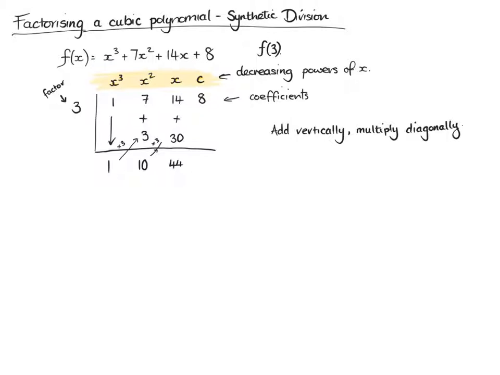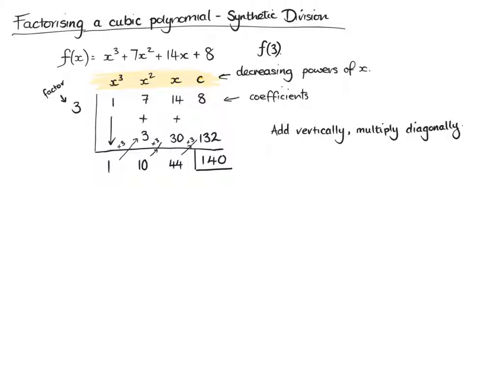Okay, and then when we're going across, we multiply, so 44 times 3, which is going to be 132. Okay, and then in here we get 8 plus 132, which is 140, which is what we had before.